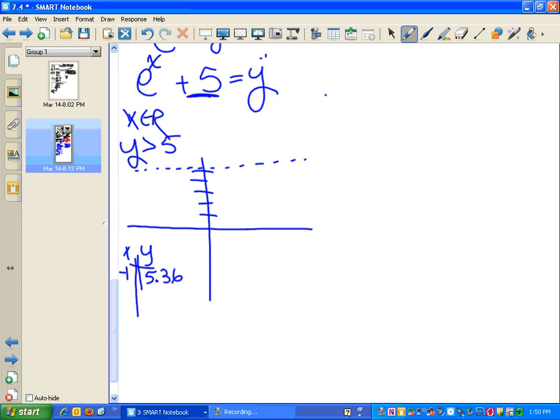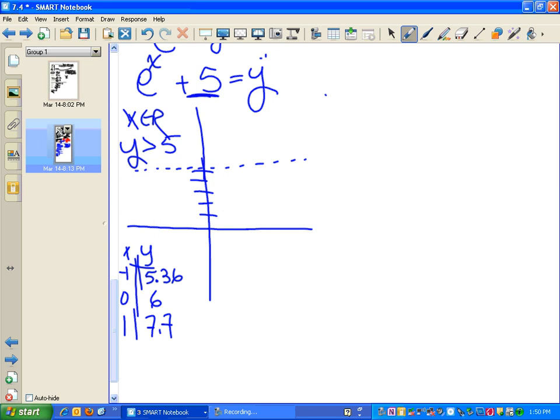Okay. If x is 0, then I'm going to get 6, right? And if x is 1, I'm going to get something like 7.7 maybe? Okay. All right, and so I know that I'm way up here on my graph. I'm above my asymptote, right?